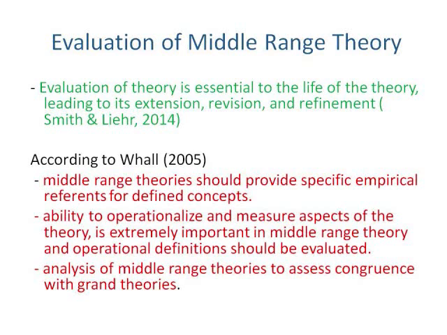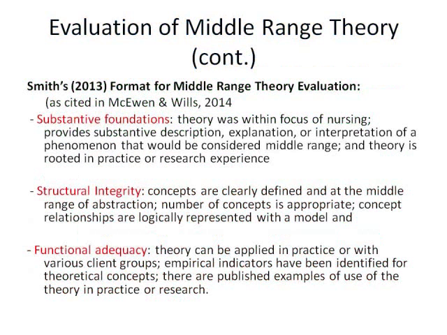The ability to operationalize and measure aspects of the theory is extremely important in middle range theory, and operational definitions should be evaluated. Analysis of middle range theories to assess congruence with the grand theories. And then Smith has a format for middle range theory evaluation.